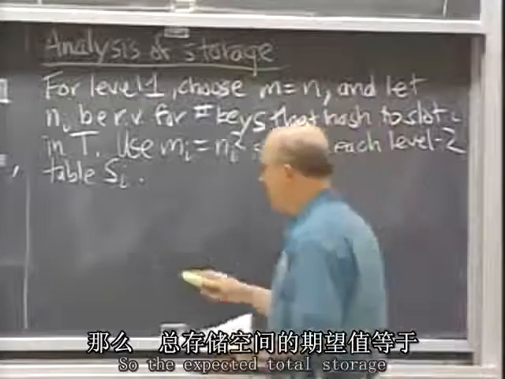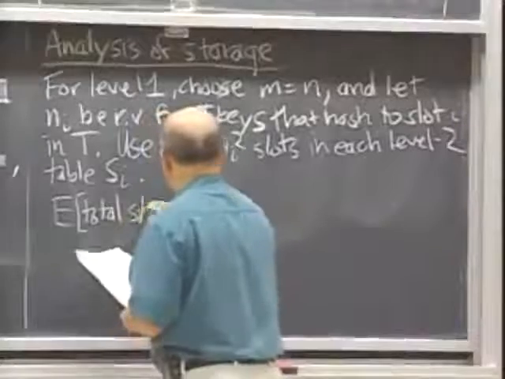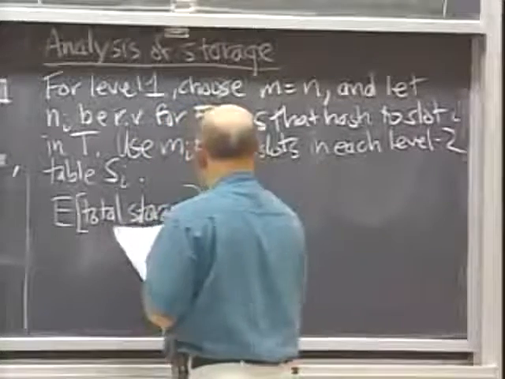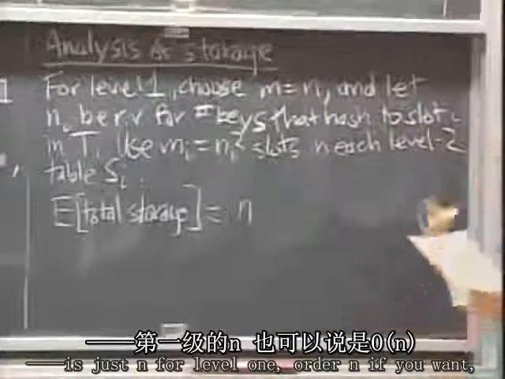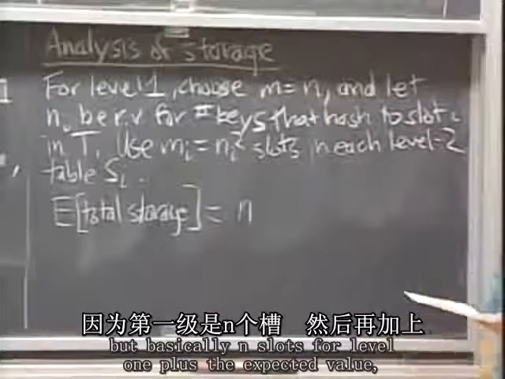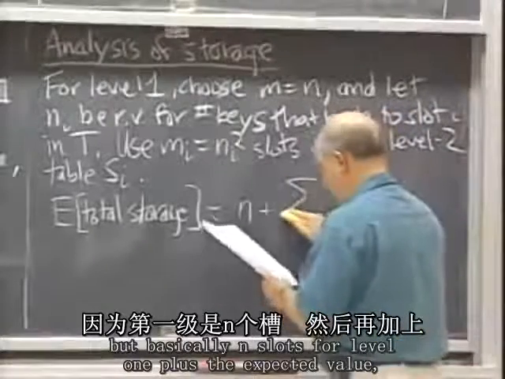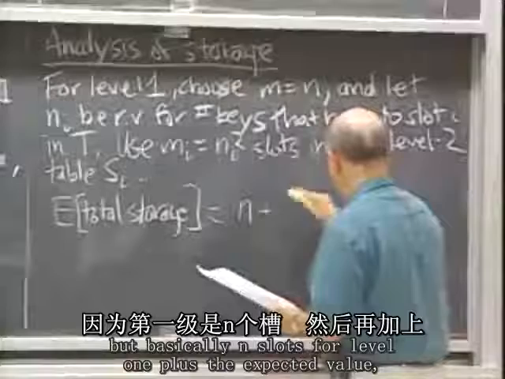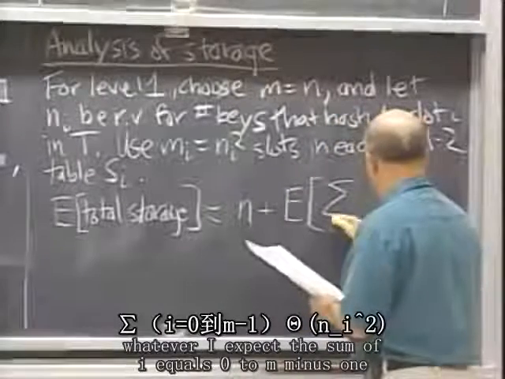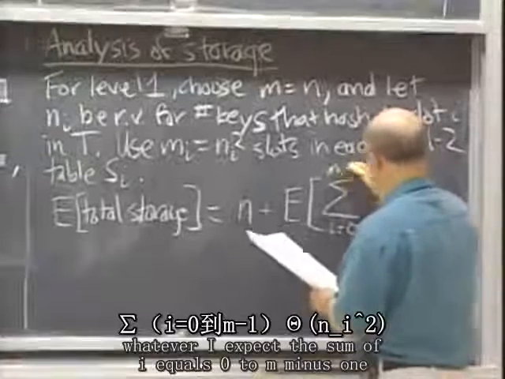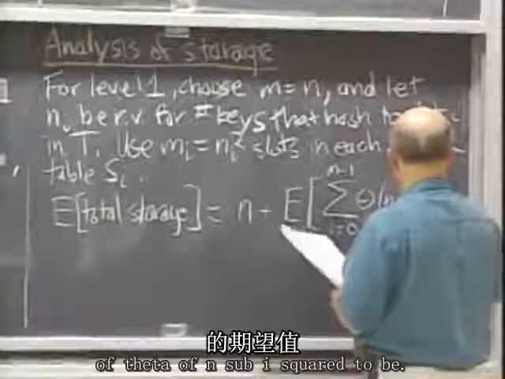So the expected total storage is just n for level 1, order n if you want, but basically n slots for level 1, plus the expected value of the sum, i equals 0 to m minus 1, of theta of n sub i squared.